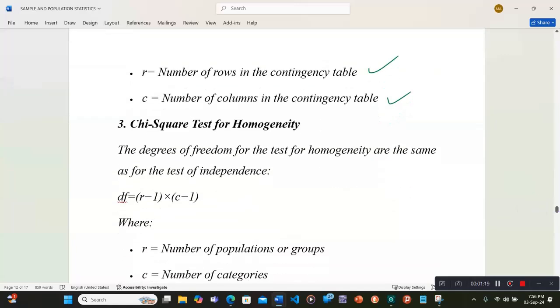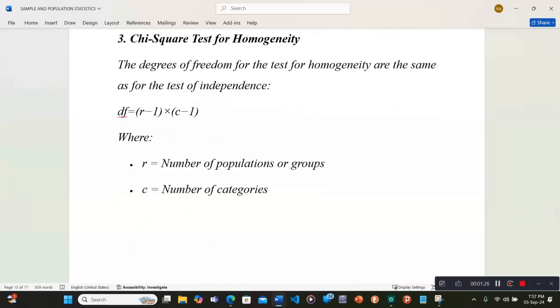The chi-square test for homogeneity is the same as that for test of independence, and therefore the degrees of freedom equal the number of rows minus 1 times the number of columns minus 1.